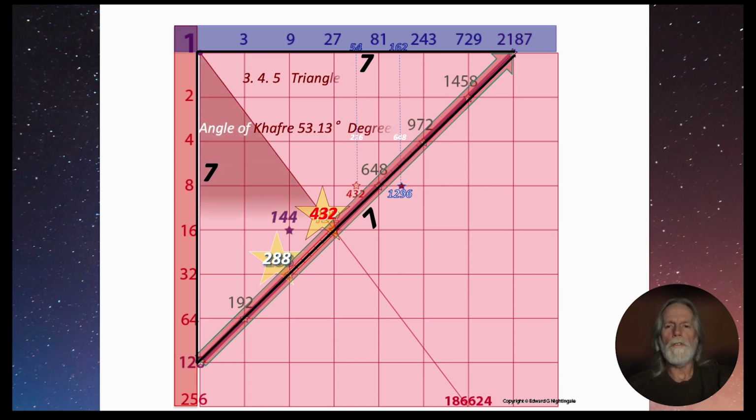The first structure in the plan is the pyramid of Khafre. It has a slope angle of 53.13 degrees, the angle of the 3-4-5 Pythagorean triangle. The scale of the plan is set by assigning Khafre's base length as equal to 1 square unit of the 8x8 grid, positioned in the 6th square up from the bottom, centered on the vertical center line.